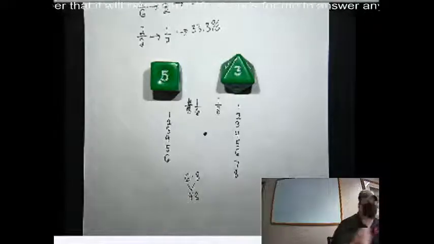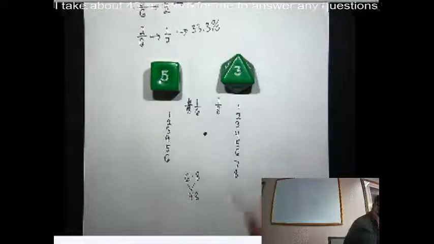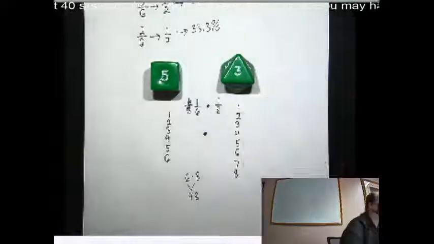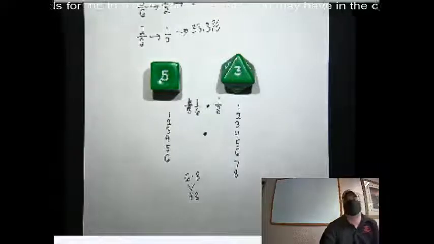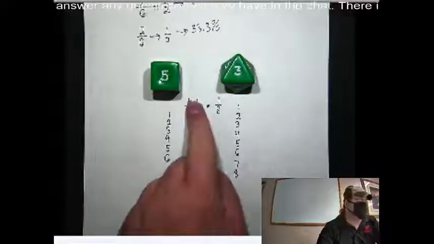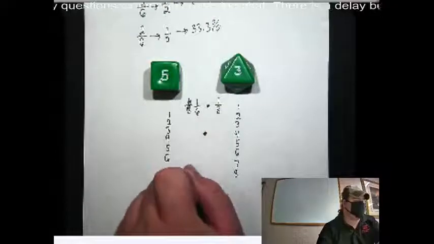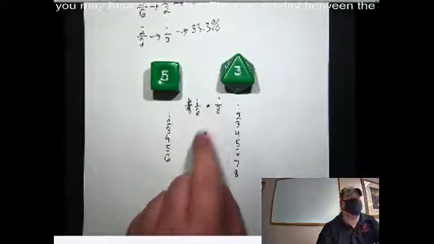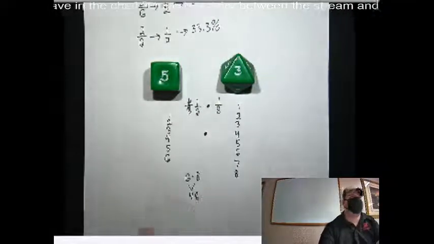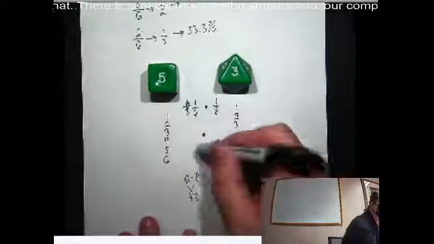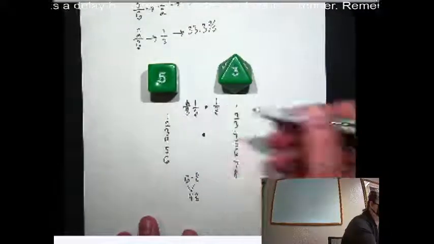Again, if we want to know our total probability, we need to multiply these. So what is 1 times 1? 1. And 6 times 8? 48. So the total probability here is 1 out of 48.